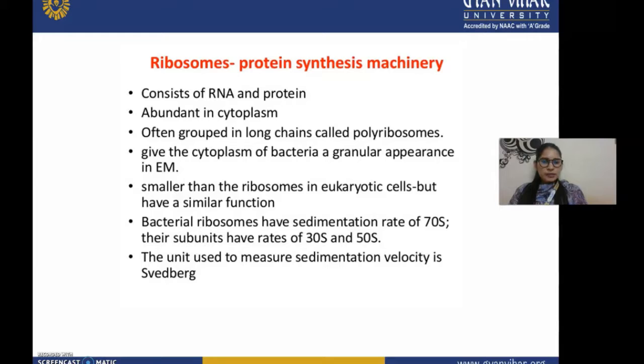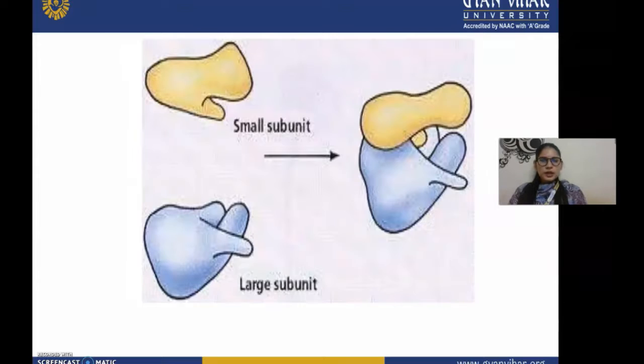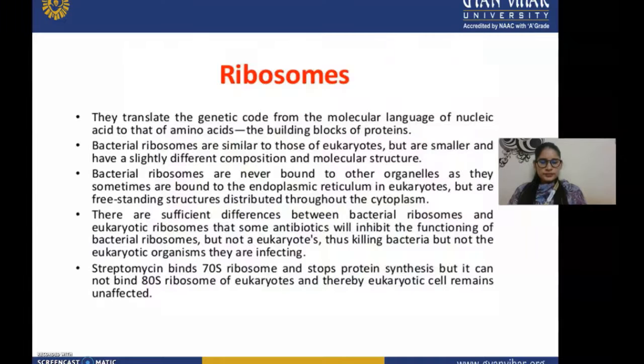Bacterial ribosomes have a sedimentation rate of 70S, as their subunits have rates of 30S and 50S. The unit used to measure sedimentation velocity is the Svedberg. As you can see, this is the small subunit and this is the large subunit.